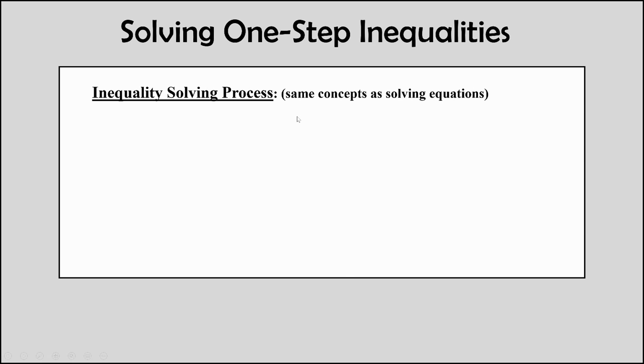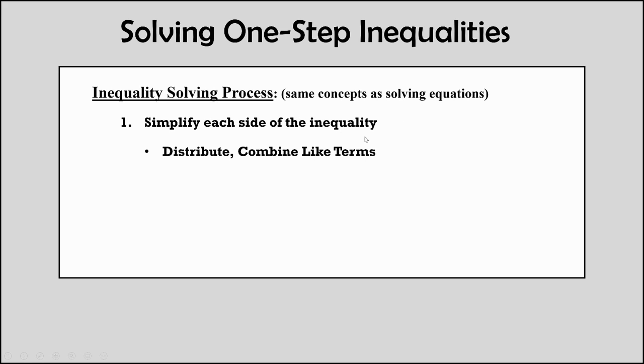When we solve inequalities, it's the same concept as solving an equation. The first thing we're going to do, given an inequality, is simplify each side of the inequality sign. Distribute, combine like terms, simplify it to as few terms as possible. The second step is to isolate the variable term, so get the term that has the variable in it by itself on one side.